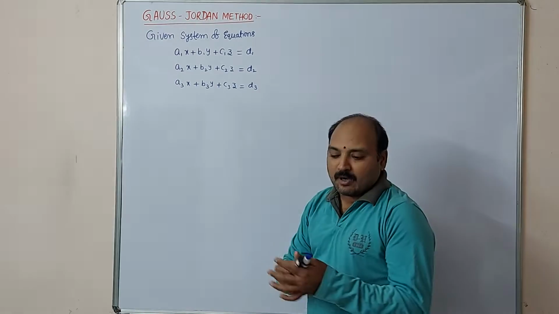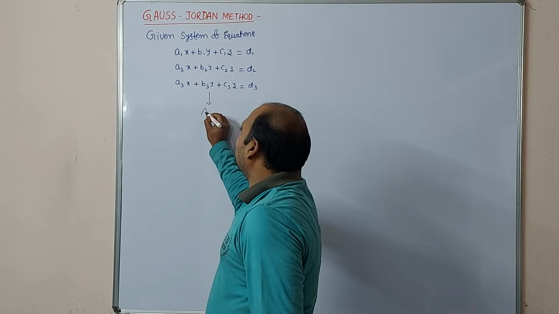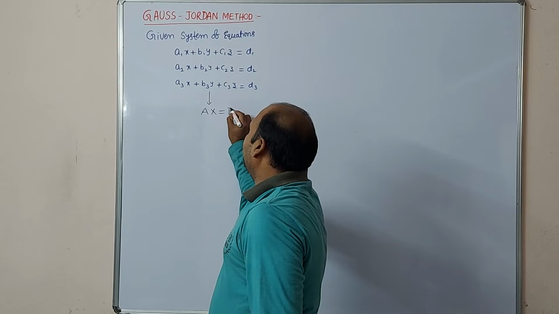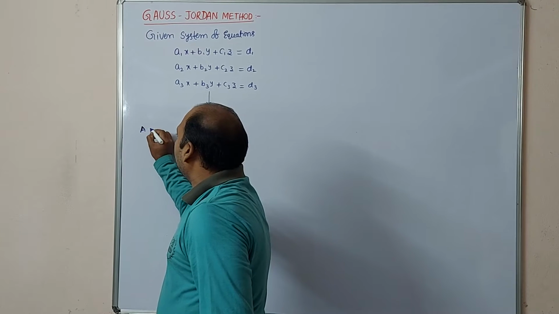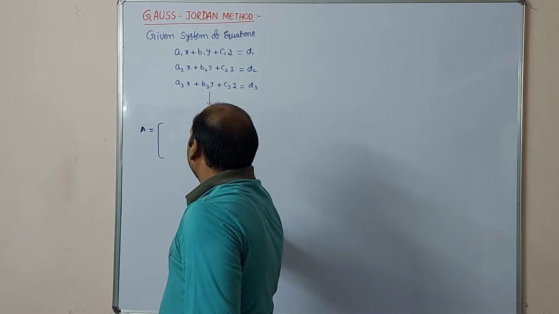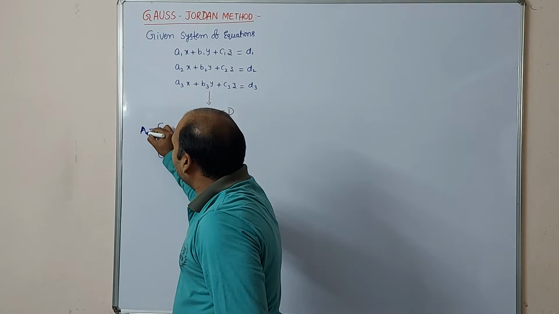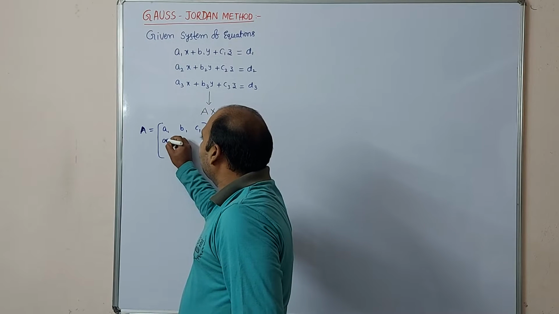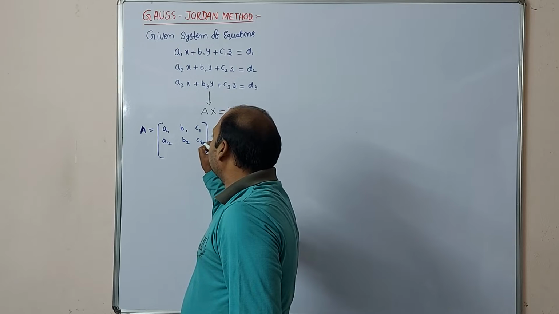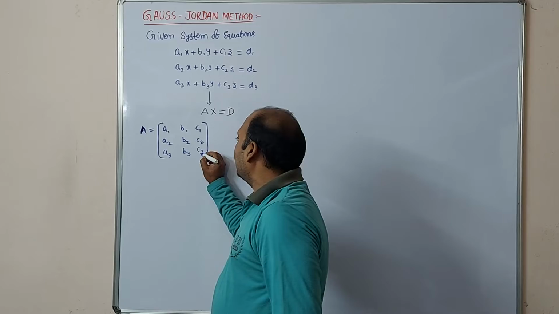First, write the given system of equations in the form AX equal to D, where A is the coefficient matrix. So A equal to, we write the x, y, z coefficients: a1, b1, c1, a2, b2, c2, next a3, b3, c3.